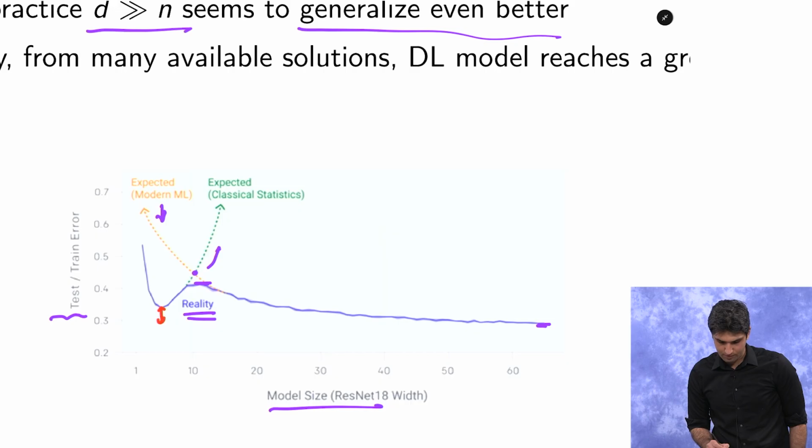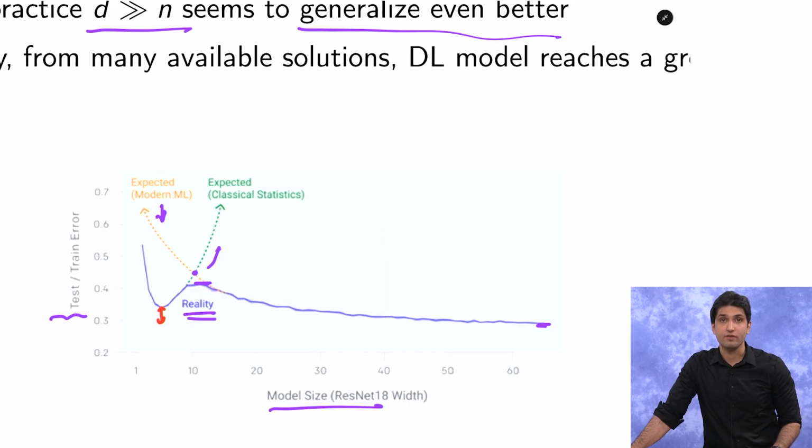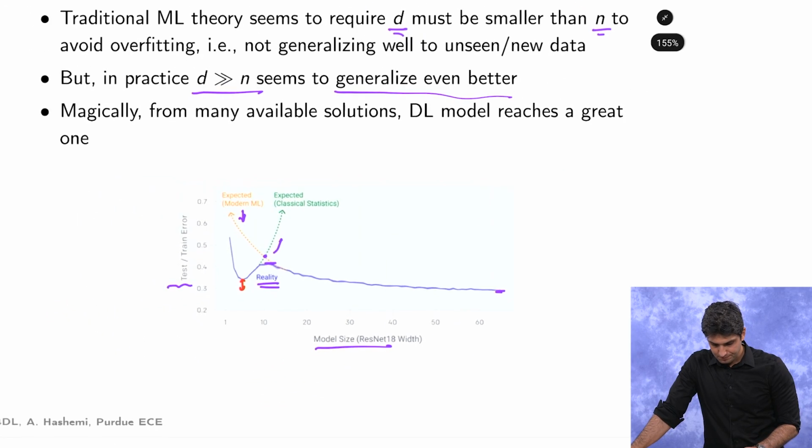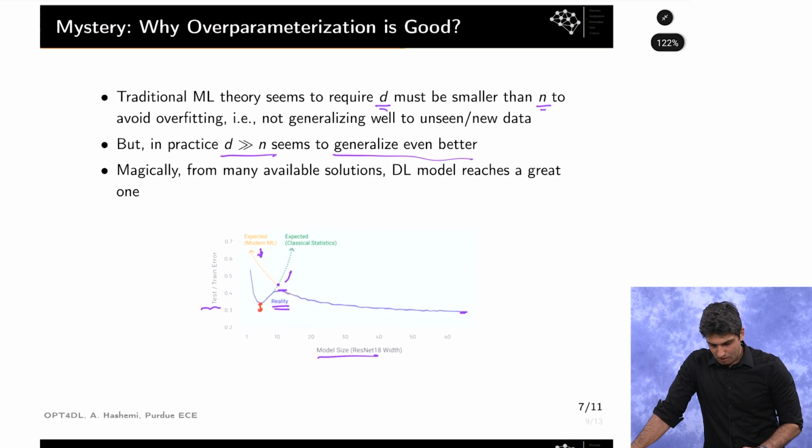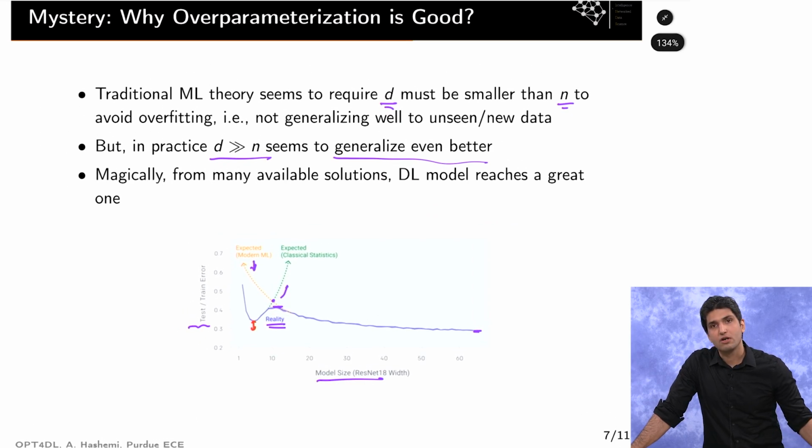So this is the performance gap between an underparameterized model and a very, very large overparameterized model. In fact, overparameterization, despite the conventional wisdom, seems to be helpful. Now this is a mystery that we want to develop an understanding of. And again, given the connection between learning and optimization, we should expect optimization to be able to help us with that.